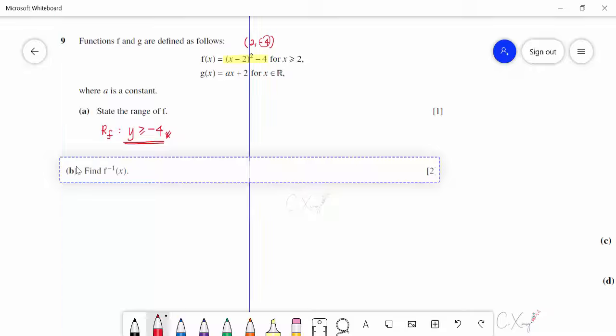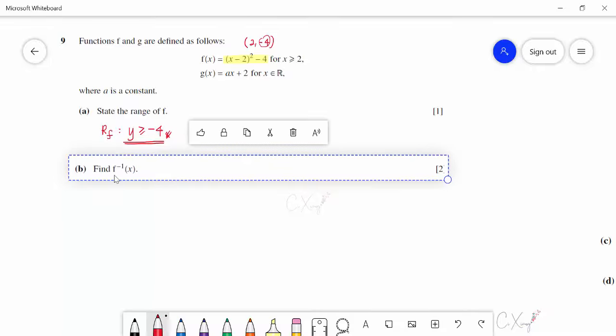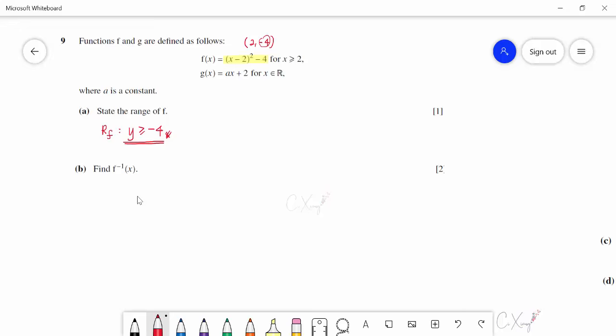Then we proceed to part B. For part B, they want us to find the f inverse. To find the f inverse, I will let y equal the function f(x), and after that I will rearrange it to become x equals something in terms of y. So x minus 2 equals, when I take the square root, plus or minus the square root of y plus 4, so x will be 2 plus or minus the square root of y plus 4.